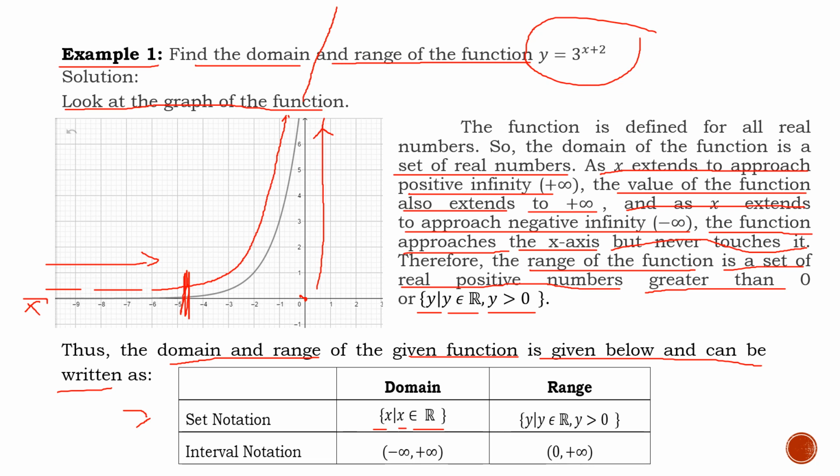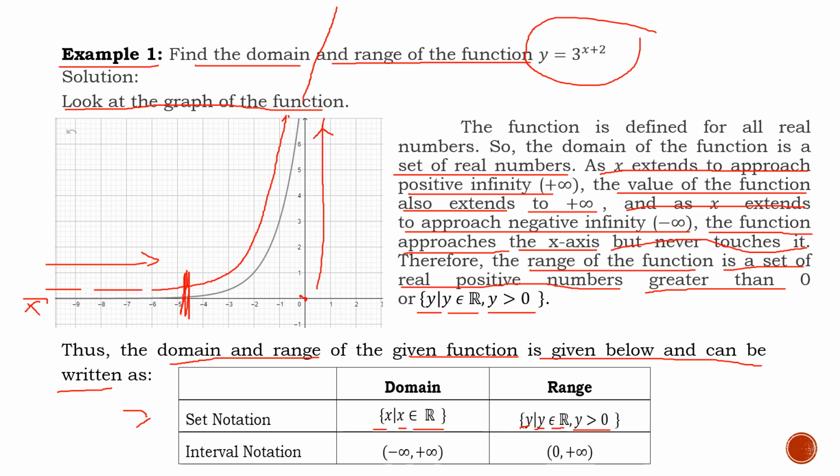We can start from negative infinity going to positive infinity, including 0. So your x can be an element of all real numbers. Your range, y, such that y is an element of all real numbers, but again there is a given condition that y is greater than 0.